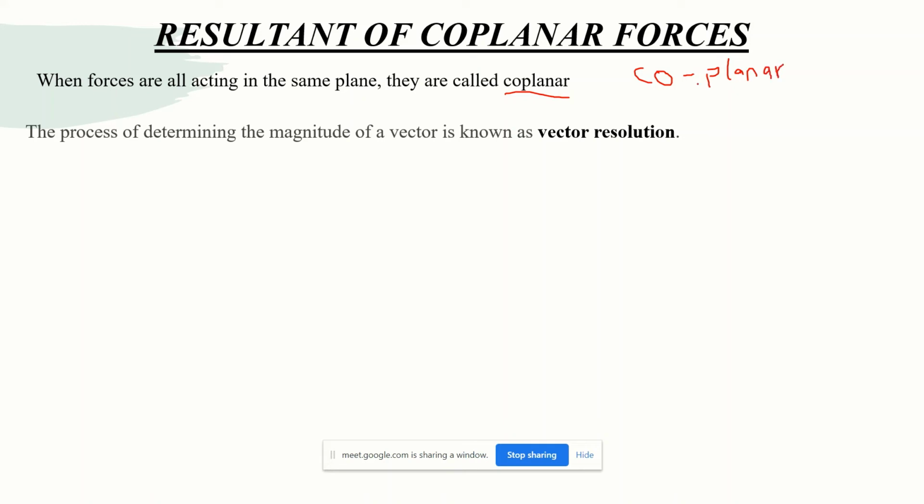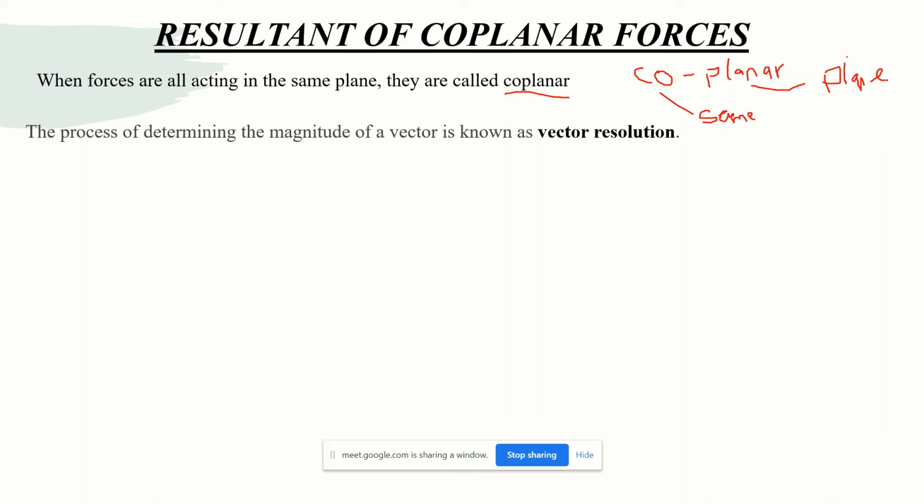Please note that co means same, and planar means what? It's a plane. So when we say coplanar, it means that the forces are on the same plane. Okay.